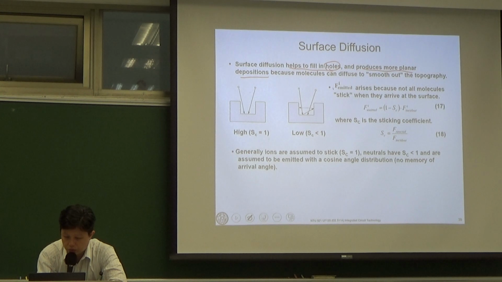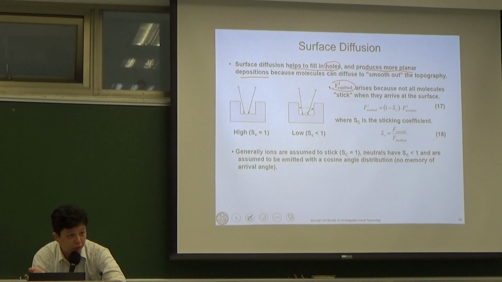Now we can take a look at these emitted terms, because not all molecules will stick when they arrive at their first position at the surface. Like when you come to Taiwan, you won't stay in Taoyuan; you probably will move around.